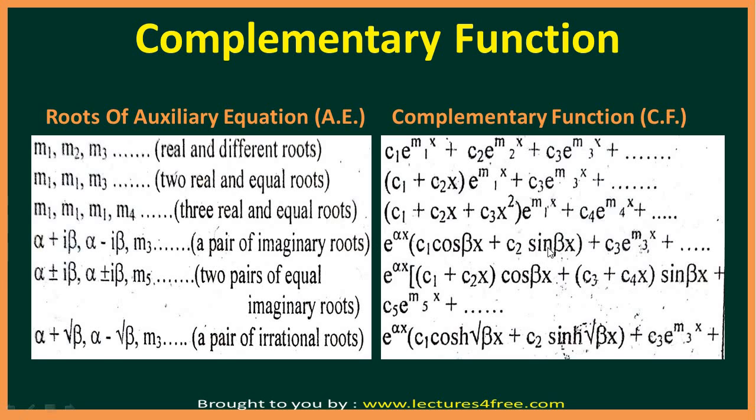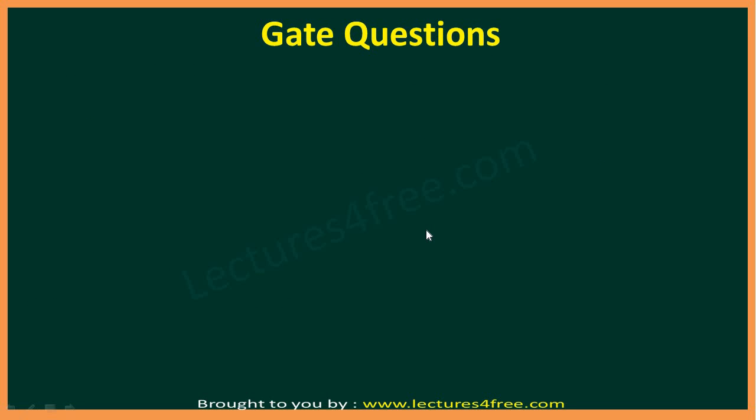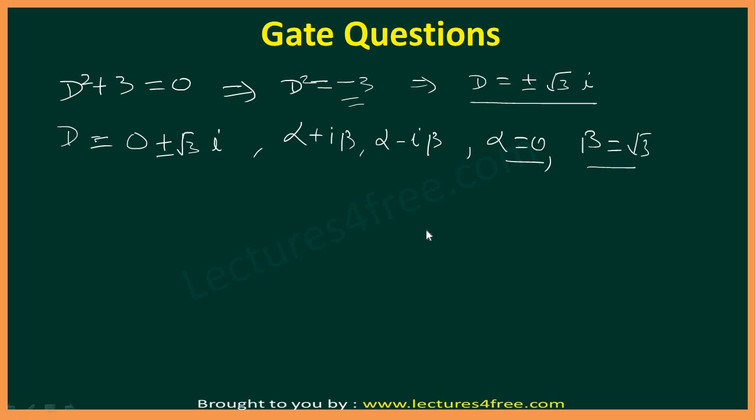So now your complementary function will be like this, where alpha in this question is 0 and beta is root 3. Your first step has been done: you got the auxiliary equation. Second step, you got the roots of the auxiliary equation. Third step, by observing the roots, you get the complementary function of the equation.